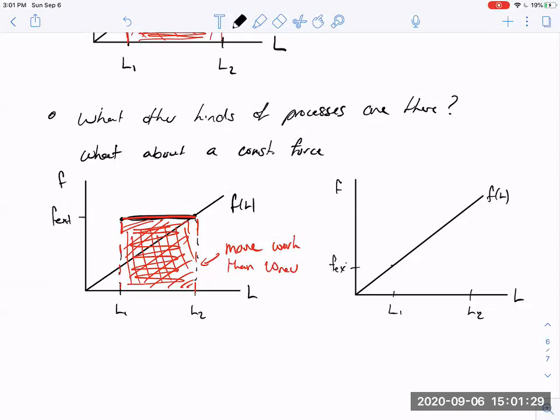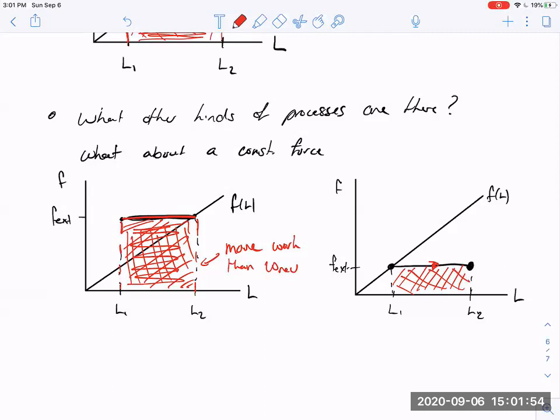What if I chose that external force? So I would start at L1, I would apply that constant force to try to bring myself to L2. That's a non-reversible process, an irreversible process, but one which certainly has a smaller area under the curve.